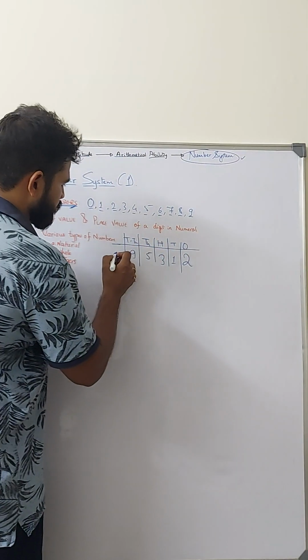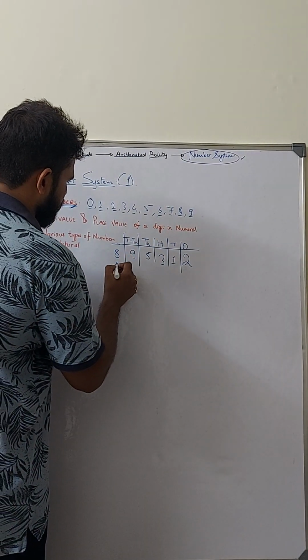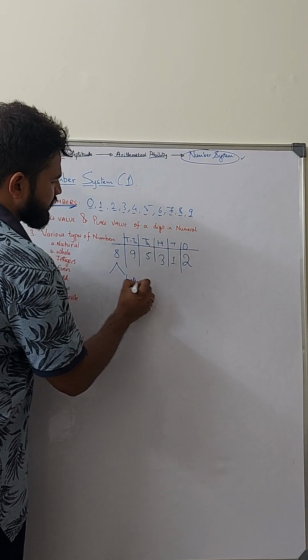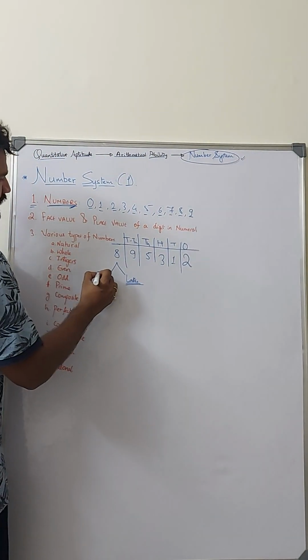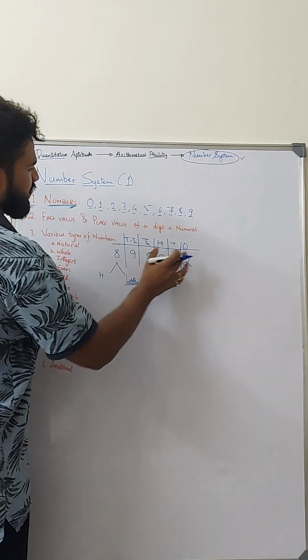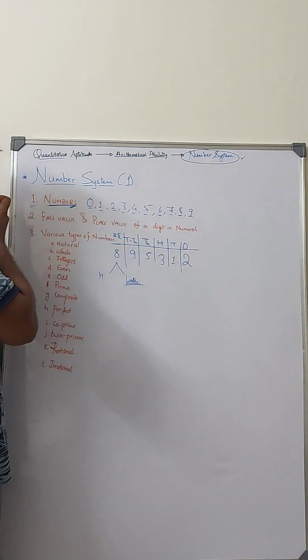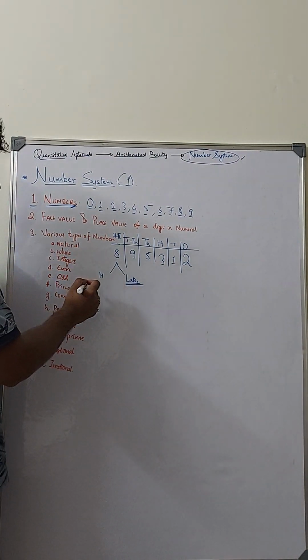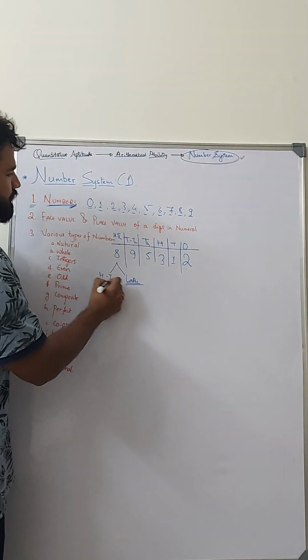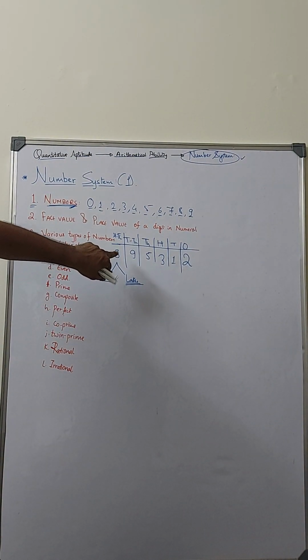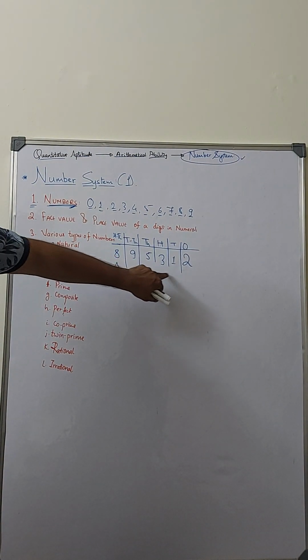Now here there are two systems. You can say lakhs, that is our Indian system, and hundred thousand. So overall the number is 8,95,312.